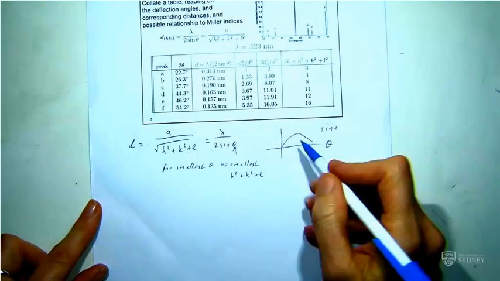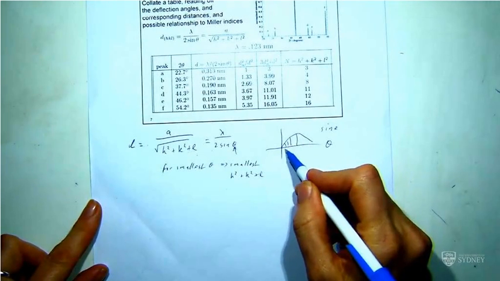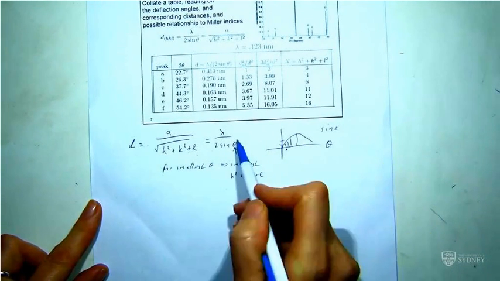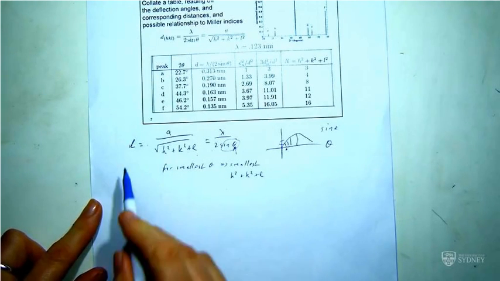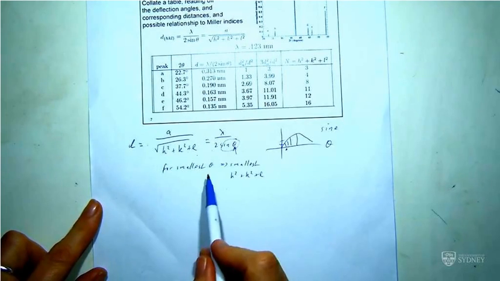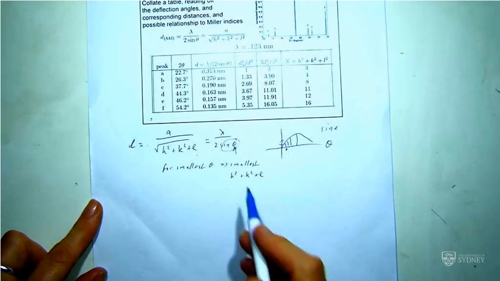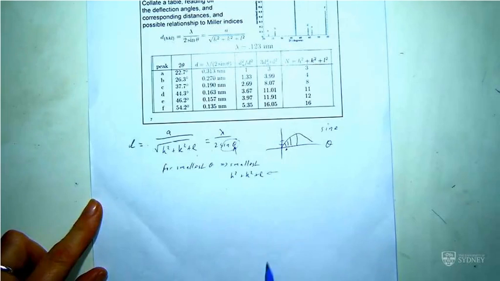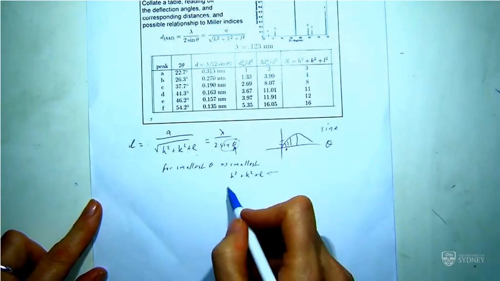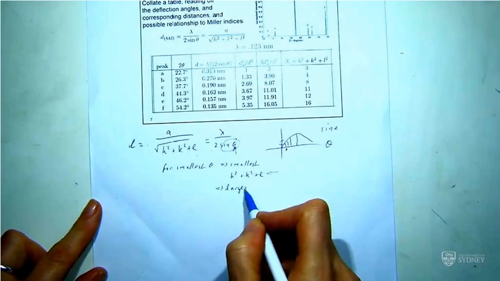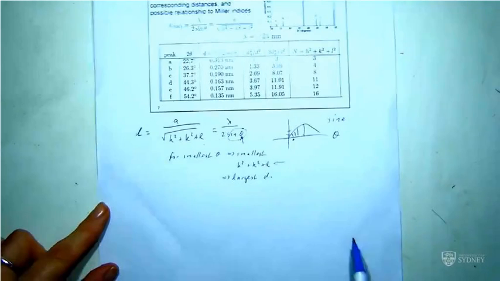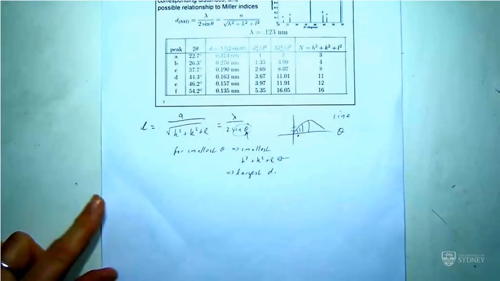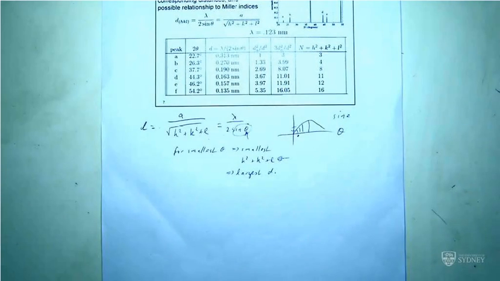Now, if theta is small, we get a small value of sine theta and a big value of the interplanar spacing. So for the first smallest peak, we will get the set of smallest Miller indices, and we will get the largest interplanar spacing. So this first point is probably quite important, that for peak A, the smallest angle will give us the smallest hkl values. Okay.